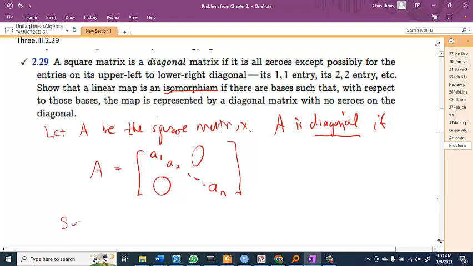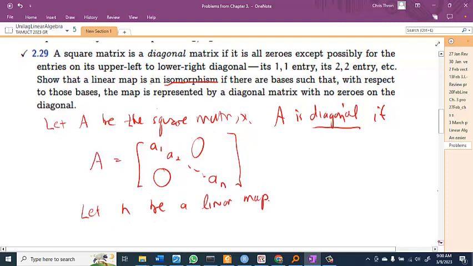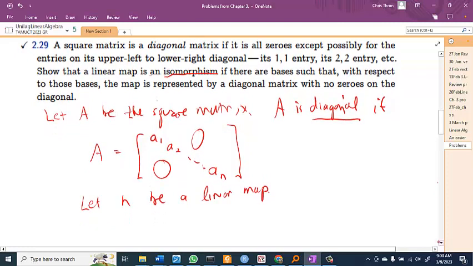So let H be a linear map, and let's suppose that H is represented by a diagonal matrix with respect to bases.